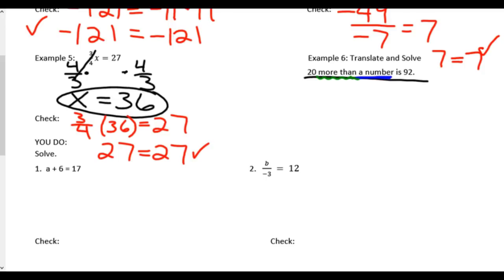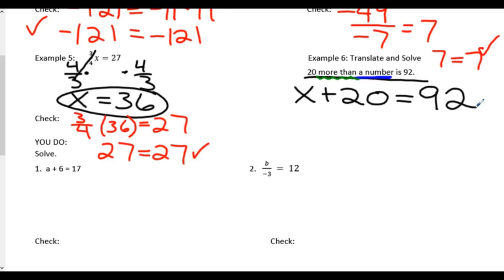So our number is, x is our variable. 20 more than means we're adding that onto our variable. Is stands for the equal sign. And then 92 is providing our balance. So now we have our equation. And we need to identify the variable and undo what's been done to it.